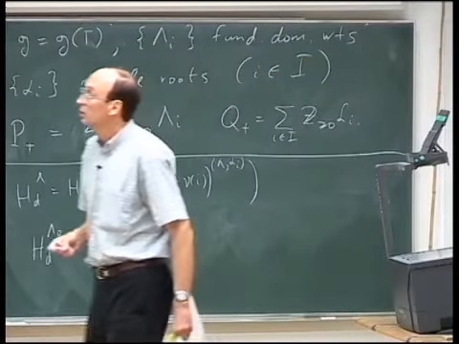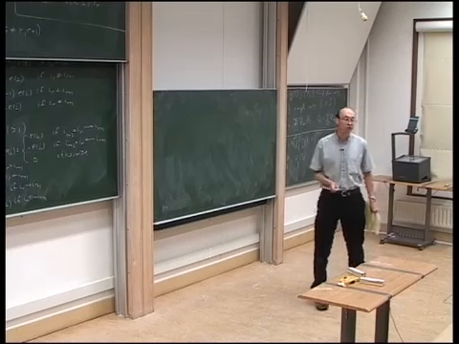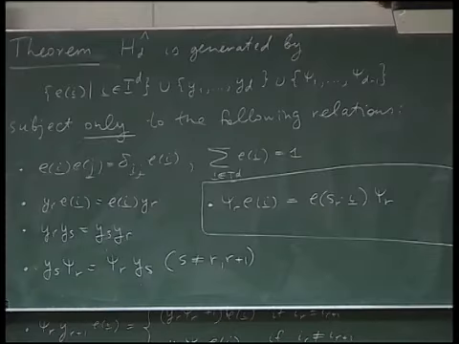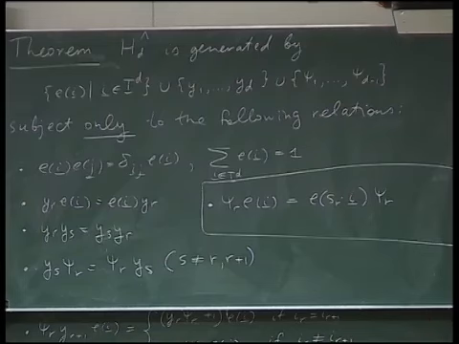But I claim that instead you should consider a different presentation. This is a presentation which is written on the blackboard, copied from last time, with just one minor difference: last time I missed one relation, which is now framed. So you should add it. It's how to commute psi's and e's. I forgot about that.